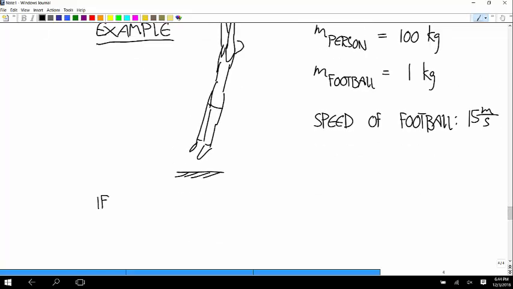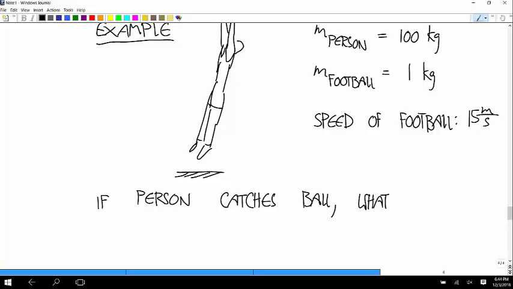And so if the person catches the ball, what is the combined velocity of the person and the ball after he catches it? Okay, so that's after the collision's over. He's holding the football in his hand. It knocks him back a little if you think about it intuitively.